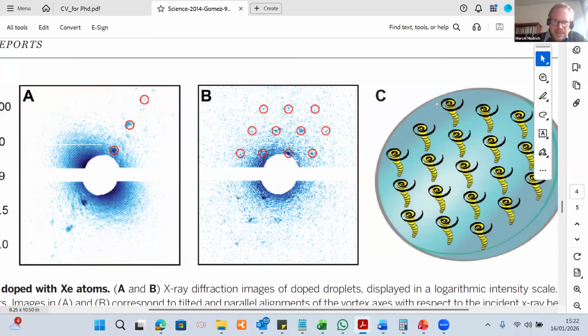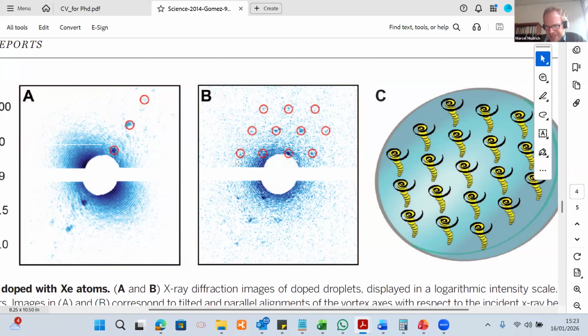It's like ions trapped in an ion trap, which at low temperature would also form what is called a Coulomb crystal, because the ions all repel each other. Here it's the vortices that form this kind of crystalline structure, and coherent diffraction imaging makes it manifest as this regular pattern in the diffraction images.